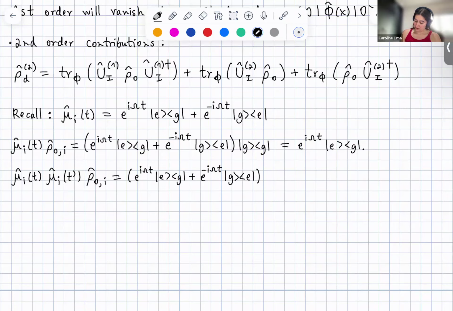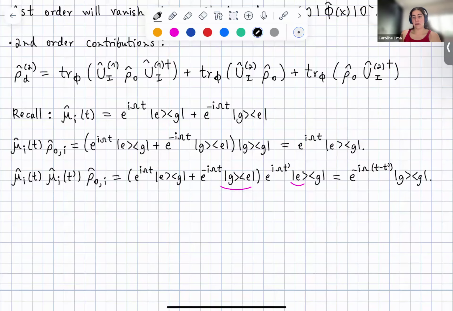And then this is going to be e^{i omega t prime} |e><g|. Now, again here we have E, so the only term that is going to survive is this one. So what we get is e^{-i omega (t - t prime)} and then we have |g>, okay?